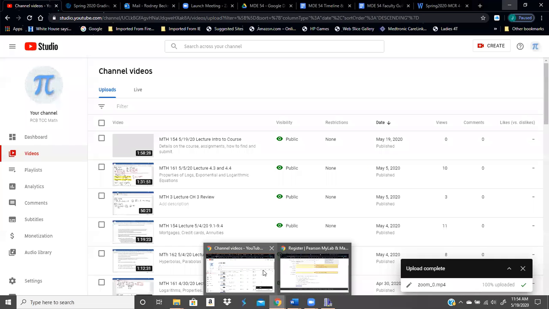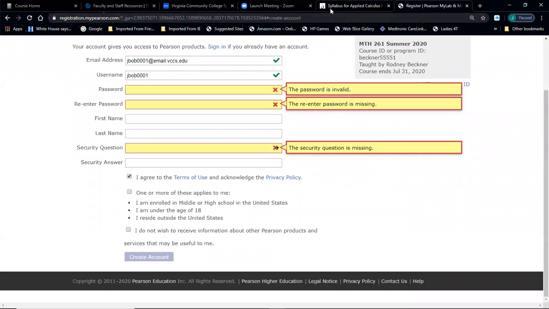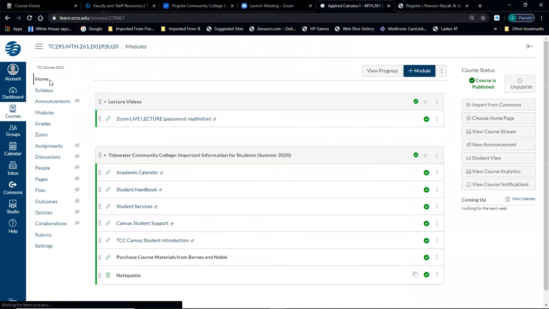If there's ever a day I have to cancel class, when you're in your home menu of Canvas, where you see the Zoom live lecture, you'll see a note here. It'll be in all caps, no class today, and I'll send an email and make sure everyone's aware.